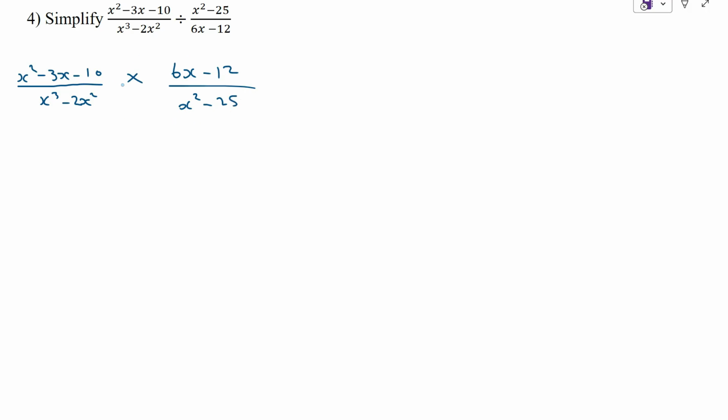Now before we multiply across, let's go ahead and factorize whichever terms that we can to see if we can cancel out any brackets and make the multiplication process easier for us.